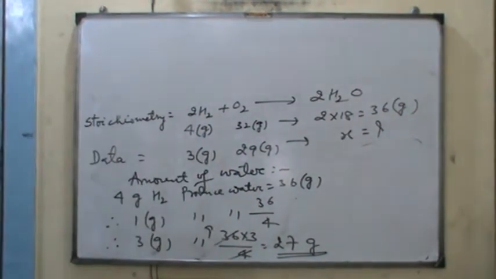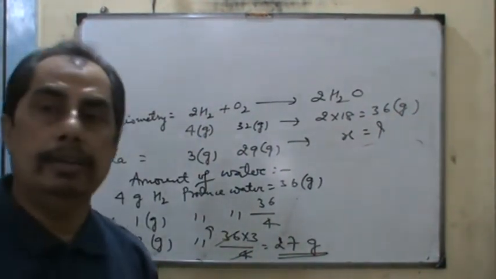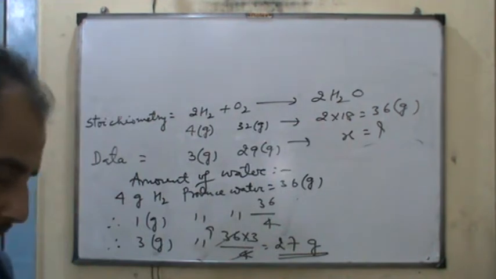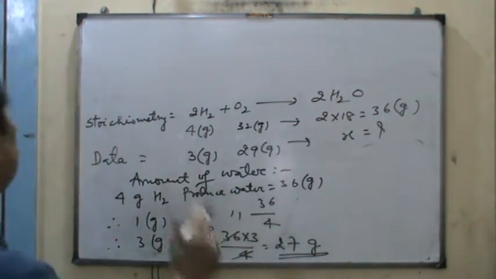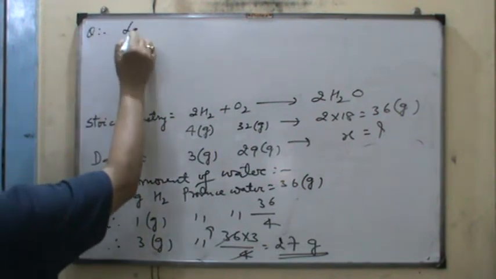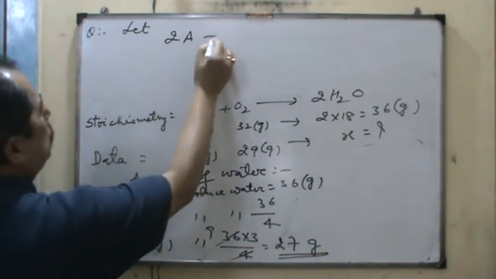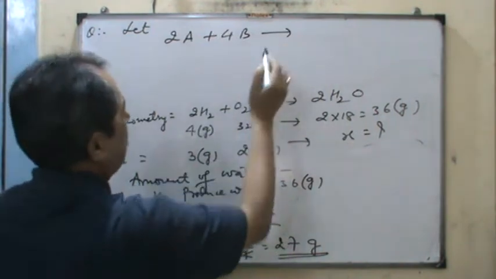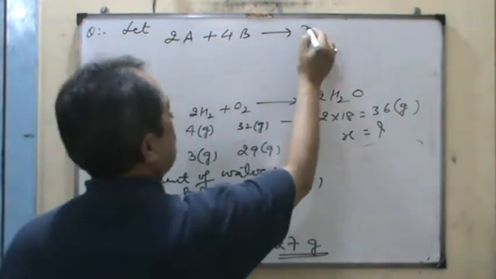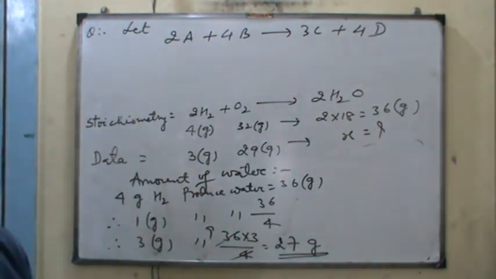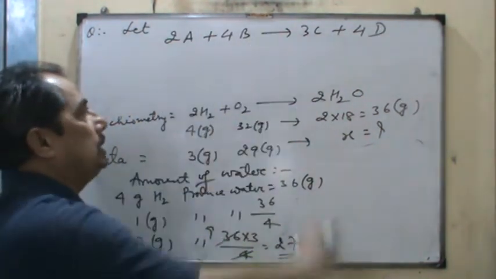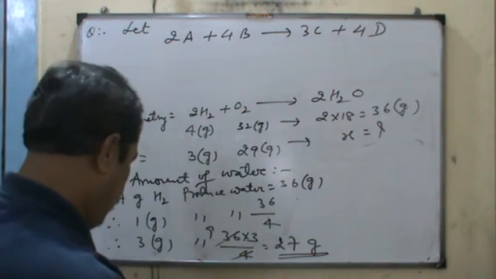See here. Solve the other question, dear students. Let 2A plus 4B give 3C plus 4D. This is the question in terms of the mole. 2A plus 4B gives 3C plus 4D.